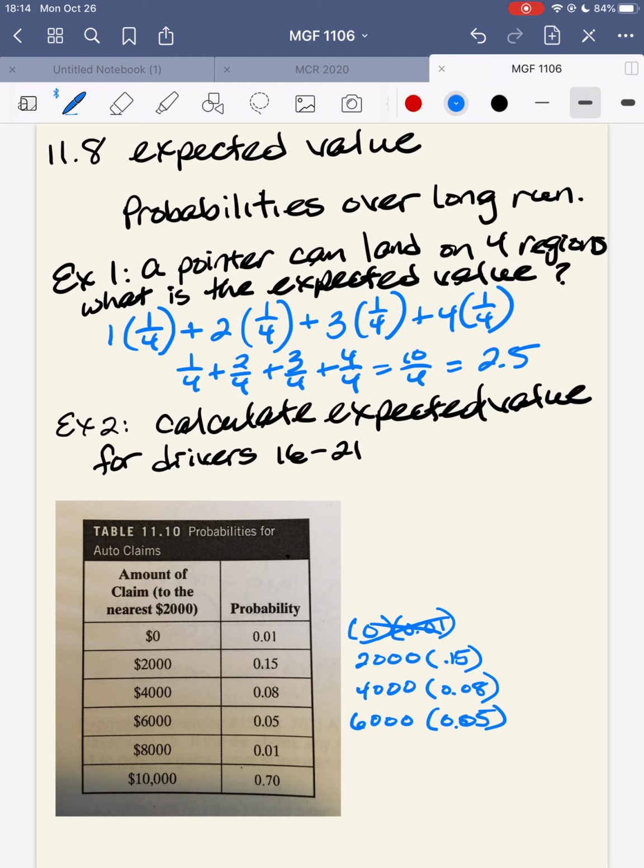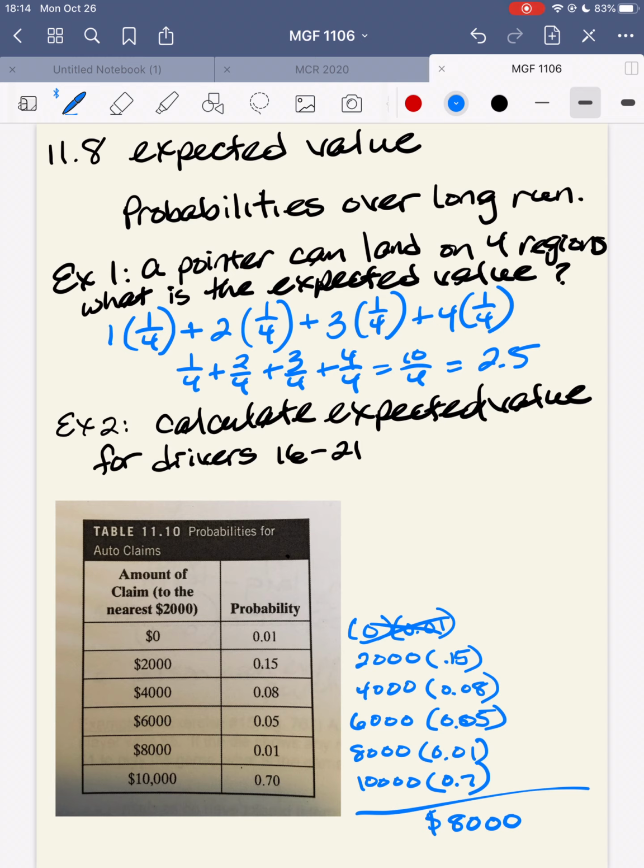I shouldn't say cents because it's in probability. 8,000 times 0.01, and 10,000 times 0.7, or 0.70. If I multiply these and add these together, I end up with 8,000. So that's my expected value.